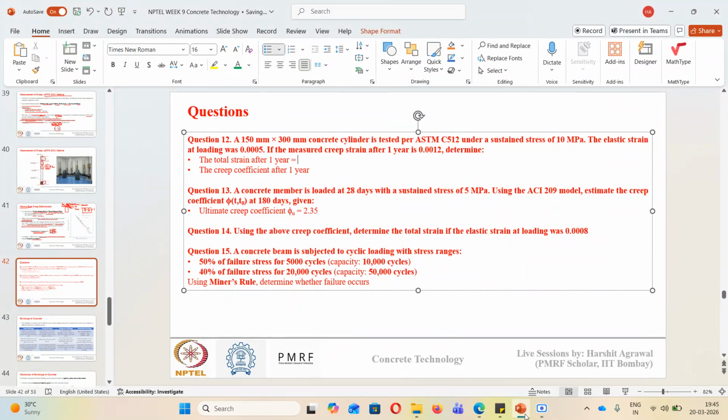This is a very simple question. You have been given elastic strain and creep strain, so total strain will be... and what will be the creep coefficient also? If you have calculated total strain, then tell me the creep coefficient also.